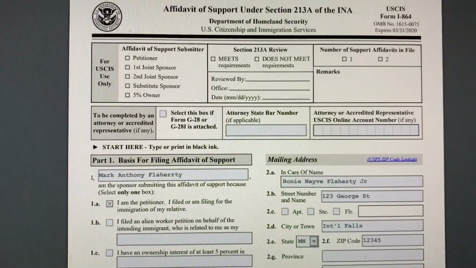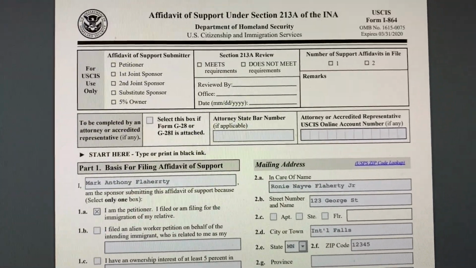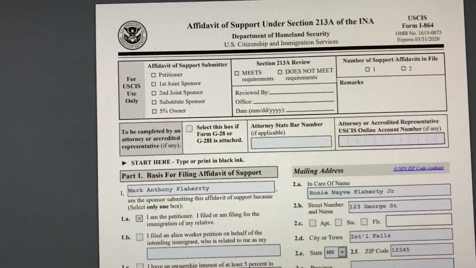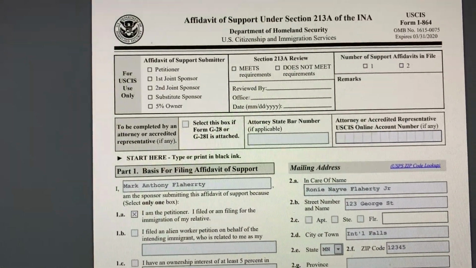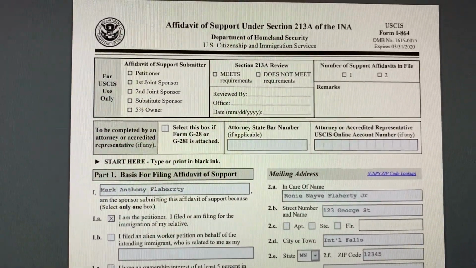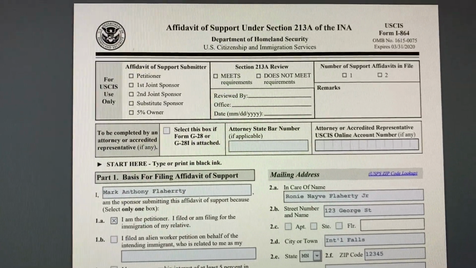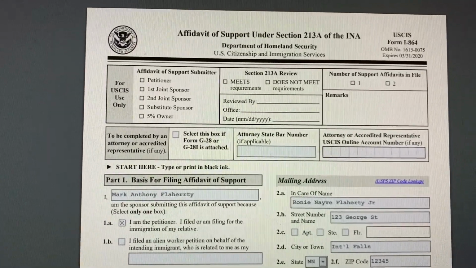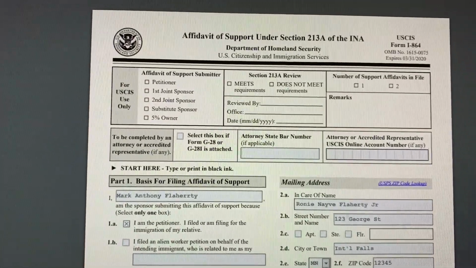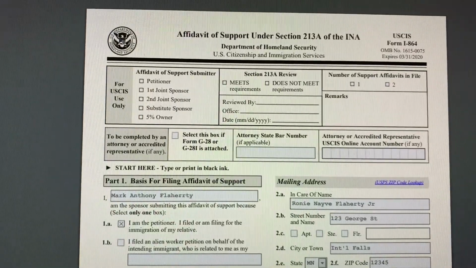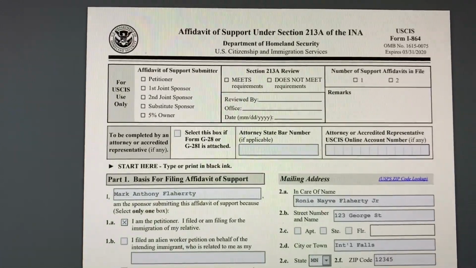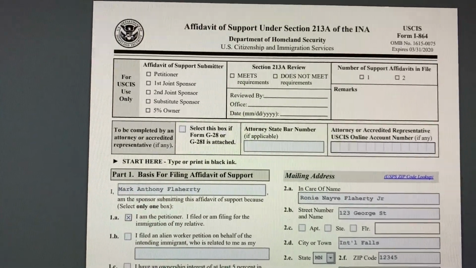It goes along with the I-485, or adjustment of status. And what we submitted was the 1040 forms, the W2s for 2 years, recent 5 months of pay stubs, and a copy of the 2016 W2.